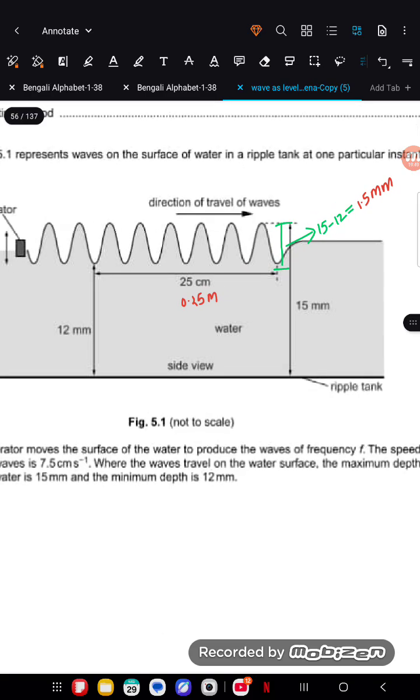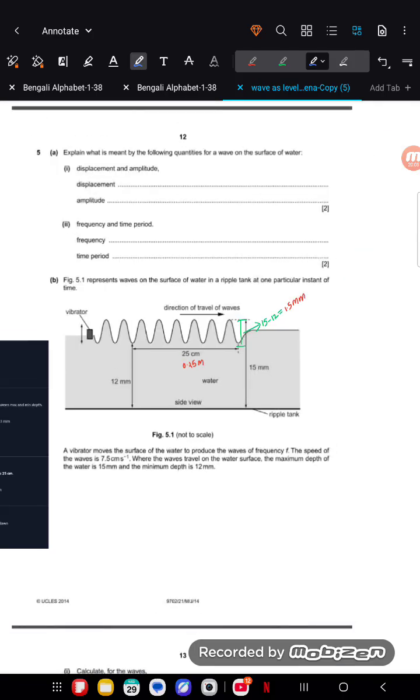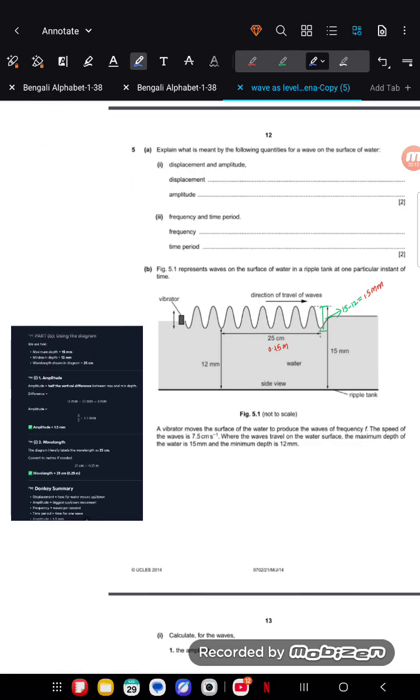So here see, they have given you waves, they have just drawn waves. They will ask you something. What does the word amplitude mean? Amplitude means this distance, right? So here they will ask you some question, obviously.